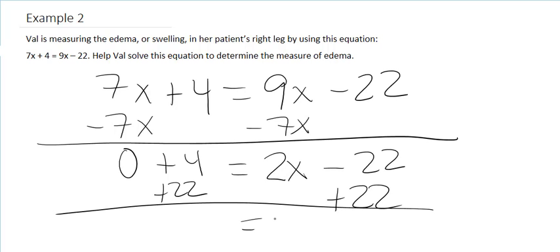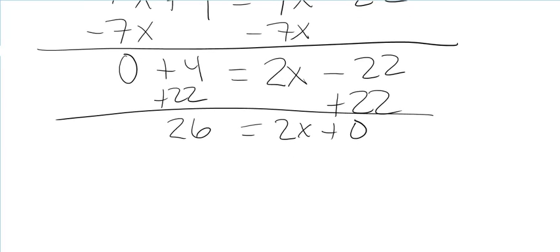Then we are left with 2x plus 0 is equal to, on the left-hand side, 4 plus 22, which is equal to 26. So let us now do our final step, which will be to divide on both sides. So we divide by 2.